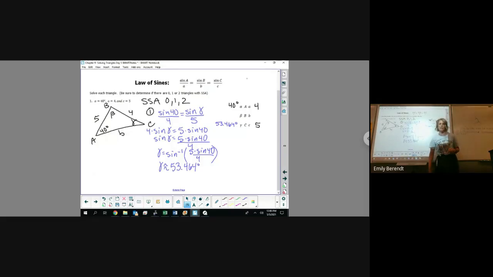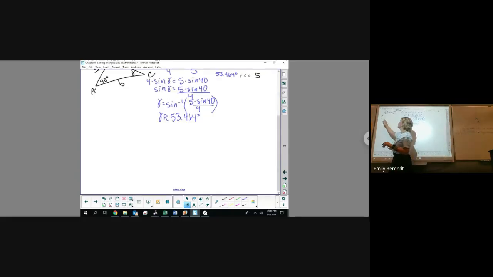All right, the next thing we can find is what? What can we find? We can find the missing angle. The 3 angles have to total 180. So we'll have beta equals 180 minus the 40 that was originally given minus the gamma that we just stored.